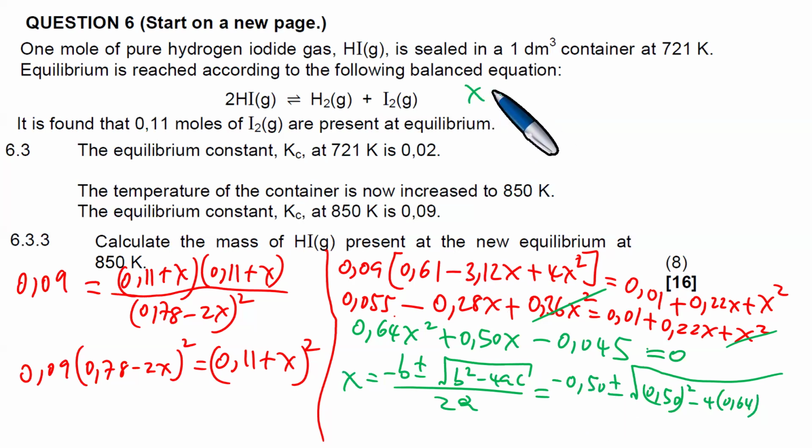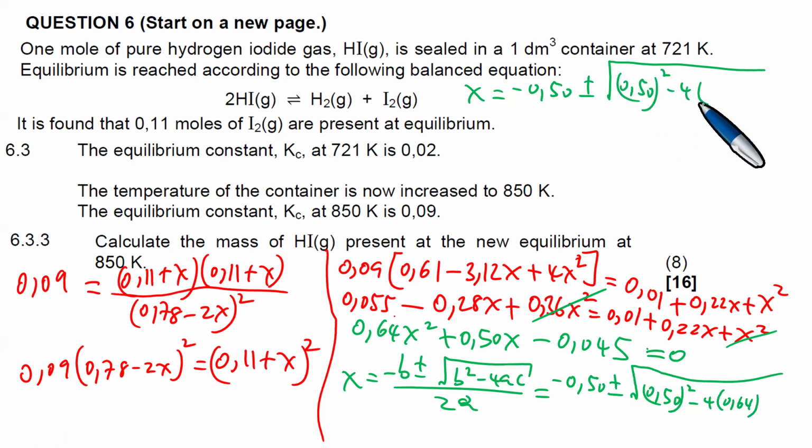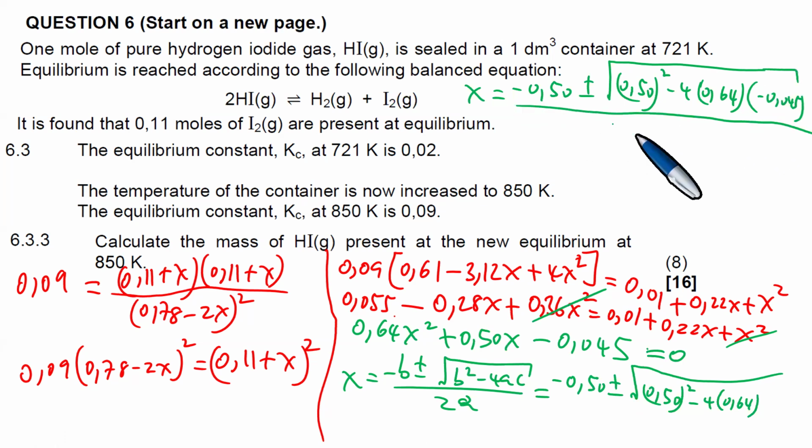Let's write here: x equals minus 0,50 plus or minus the square root of 0,50 squared minus 4 times 0,64 times c, which is minus 0,045, divided by twice a, which is 0,64.